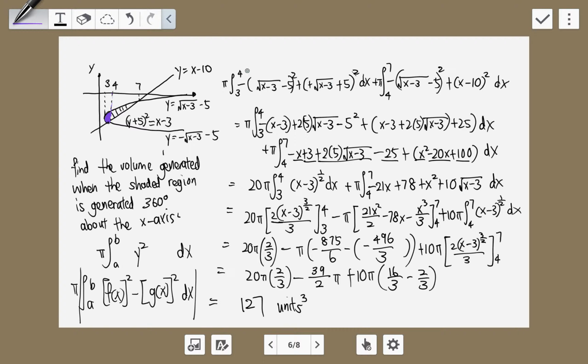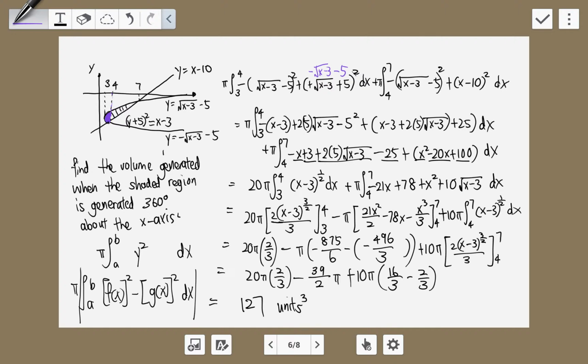Why is it that I'm taking this? In fact this is minus the square root of x minus 3, plus minus 5, sorry. So originally this was inside, and I'm taking the graph on top minus the other graph, but because it is a square, I could just change this to a plus sign.